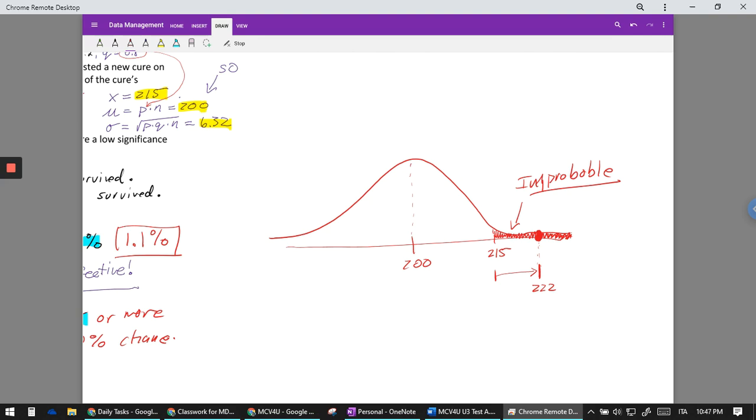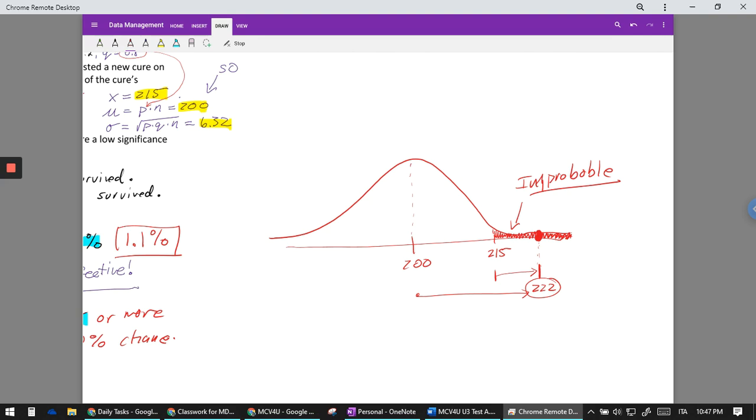If that happened, we would start to conclude that the cure or the drug or the vaccine or whatever they gave these pigs was the thing that caused this survival rate to push itself all the way up to 222.